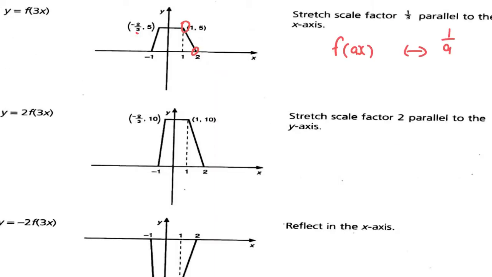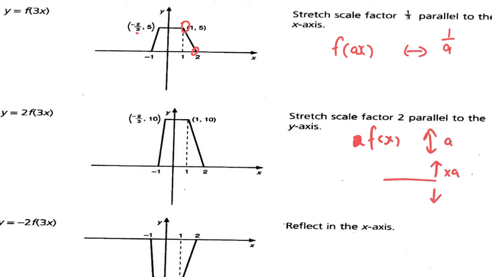Then we've multiplied by the 2, so this is the a f(x), which stretches it vertically by a factor of a, and that's from the x-axis, so it's going to stretch it up and down by a factor of a.